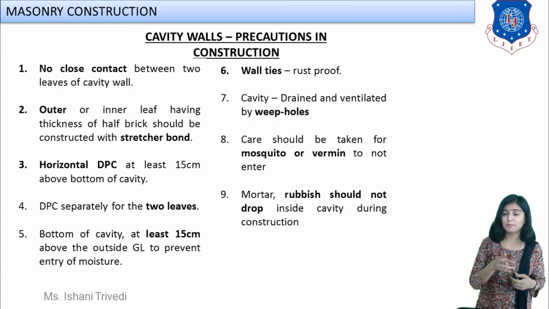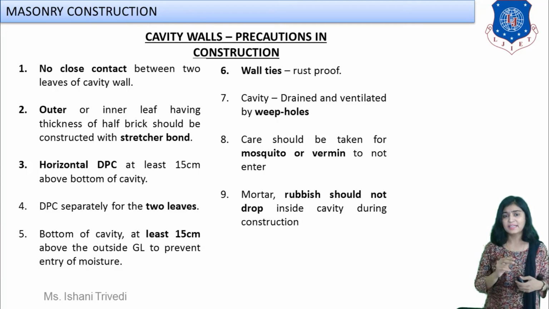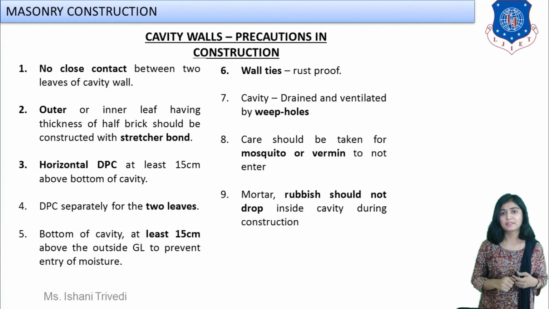Second, let us talk about this contact point itself. The walls are indirectly connected with the help of metal ties. Now, these metal ties have to be rust proof, meaning you have to provide a galvanized zinc coating or anti-corrosive paint. You have to coat it, and then you will provide the metal ties.